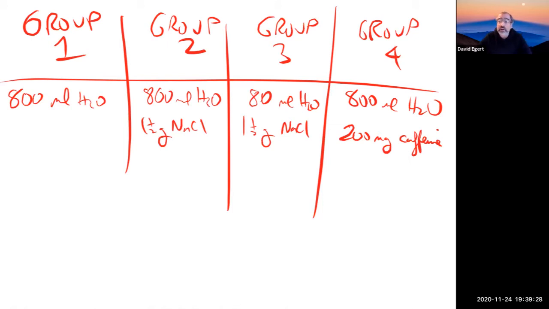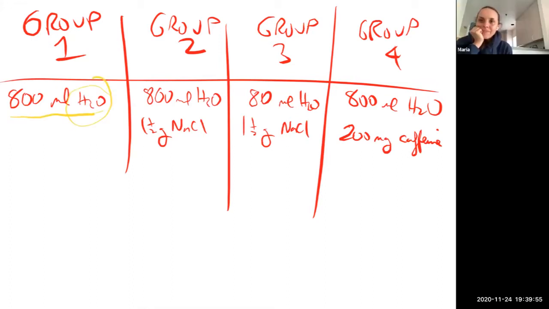So again, what is our independent variable here? Water, salt, and caffeine. Yeah, or I should more completely say, the amount of intake of water.